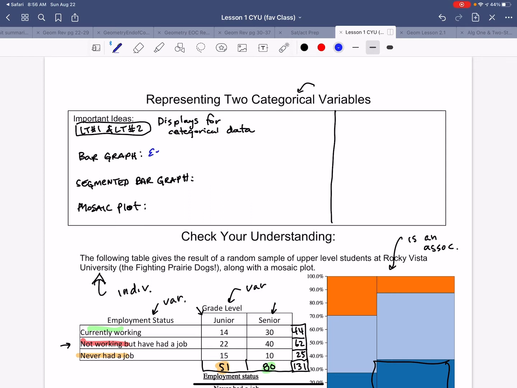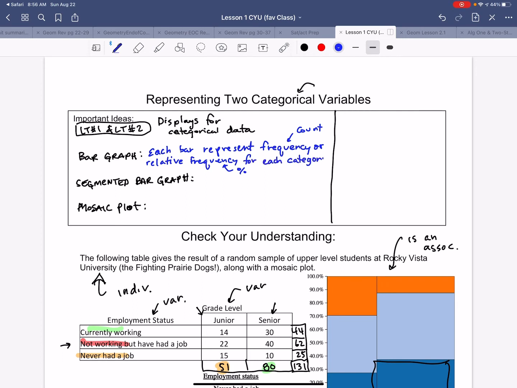It means that each bar represents a certain frequency, also known as count, or a relative frequency, also known as a percentage, for each category.